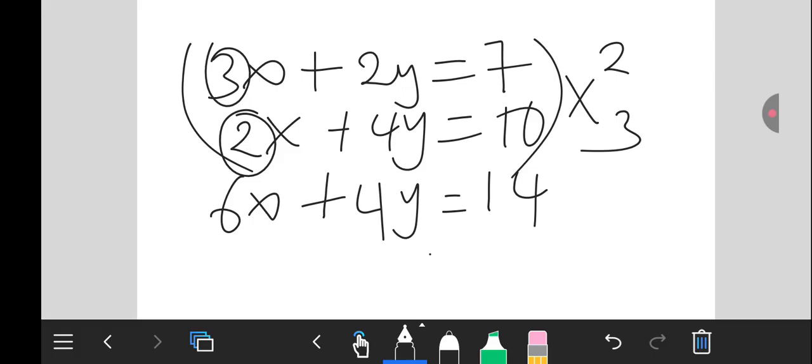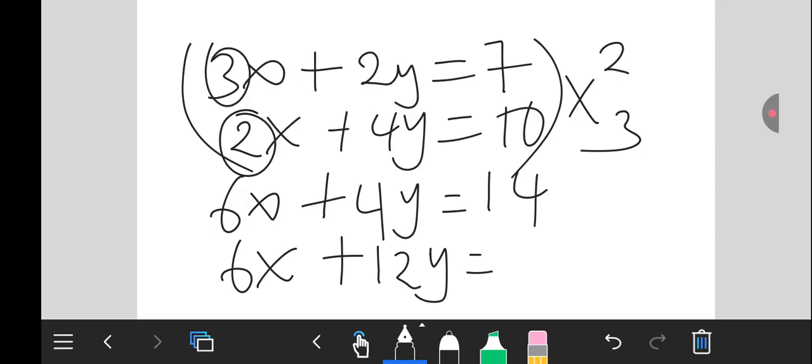This equation we're multiplying everything by 3. What is 3 multiplied by 2x? That is 6x. Then plus what is 3 multiplied by 4y? That will be 12y is equal to what is 10 multiplied by 3? That is simply 30.